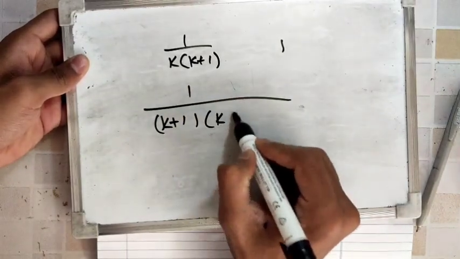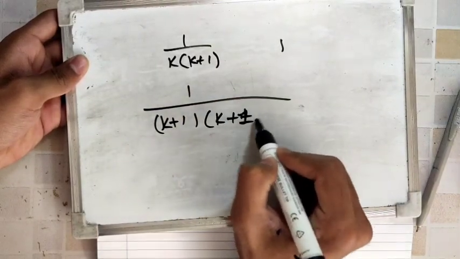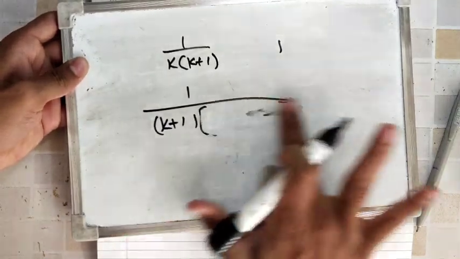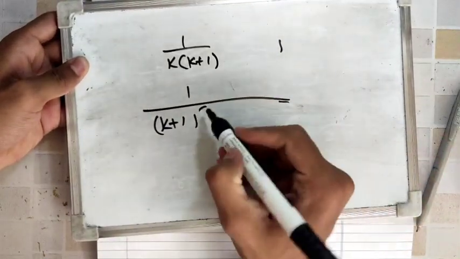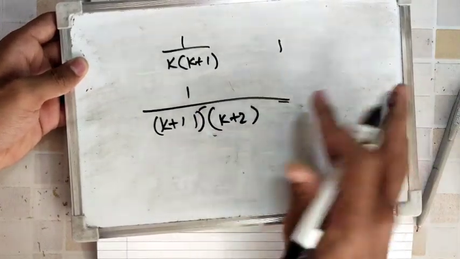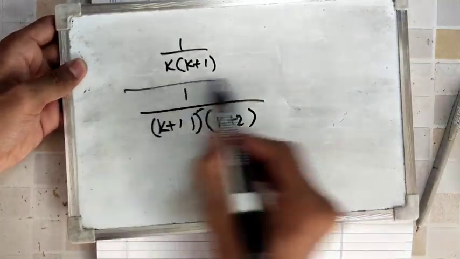Then again k plus 1 plus 1 is there. So here I will just open it up. k plus 1 plus 1 is k plus 2. I am getting this, so I will add this on both sides.